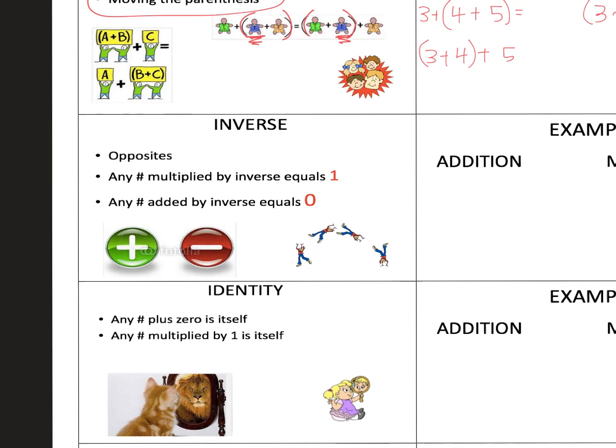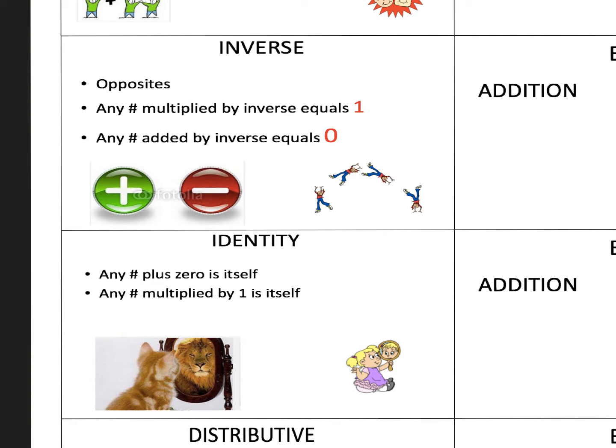Okay, inverse and identity. These are the two that we tend to mix up a little bit. Inverse, I want you to think of opposites, and identity is like identical. You should start and end with the identical thing, okay? So inverse means that we're adding the opposite.